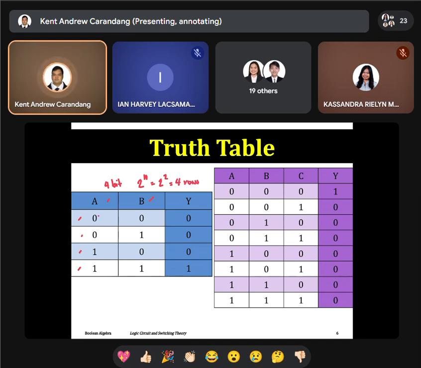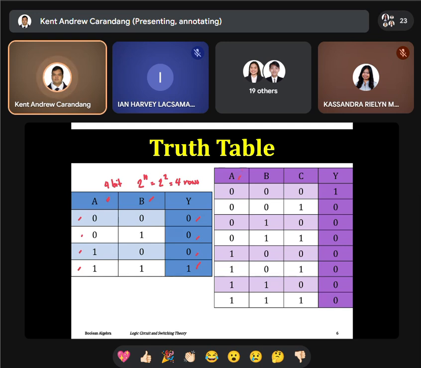Expect that we have here 0 0, 0 1, 1 0, and 1 1. That is the order of the table: the first column is two zeros and two ones, and then B alternates zeros and ones. Then the output depends on what is given.